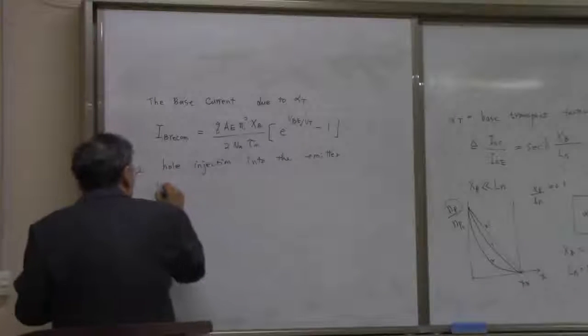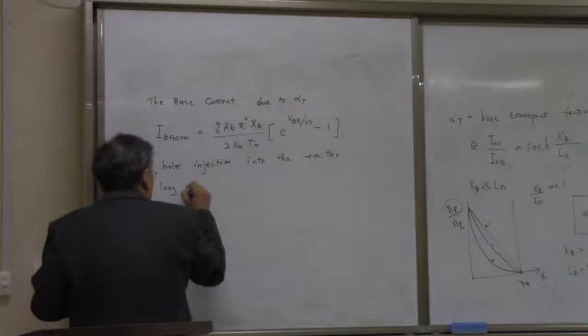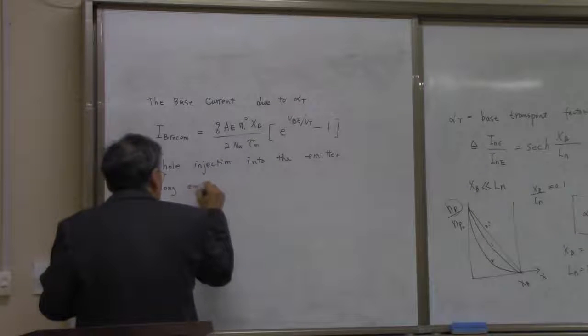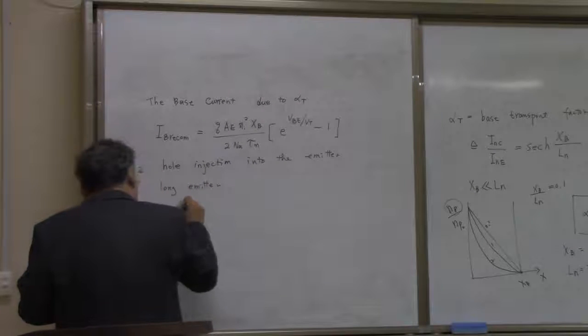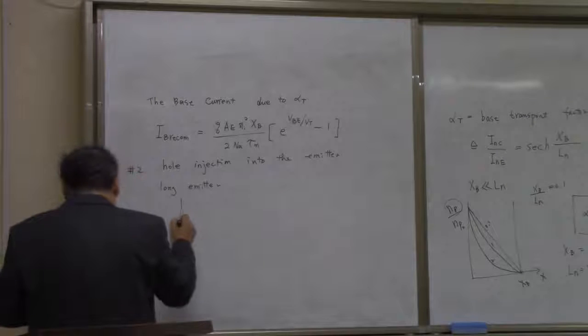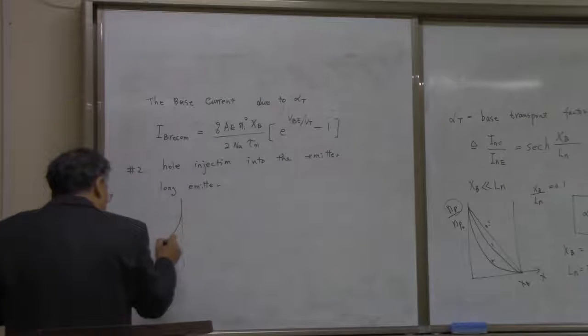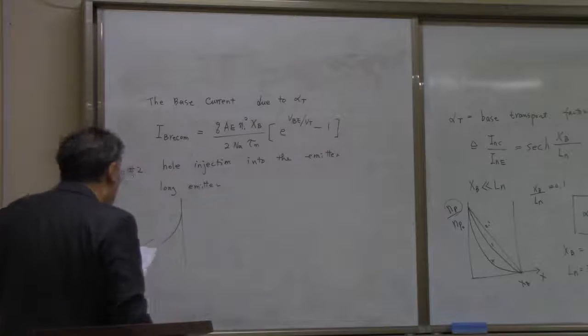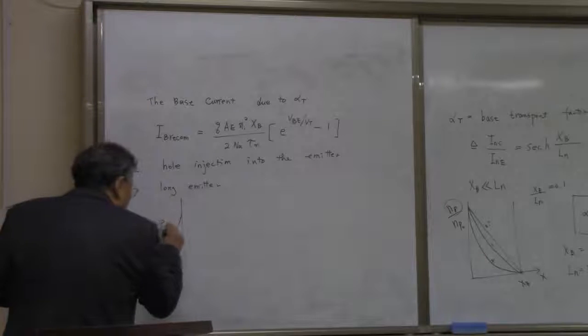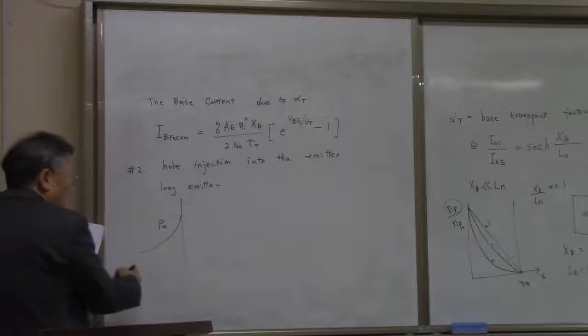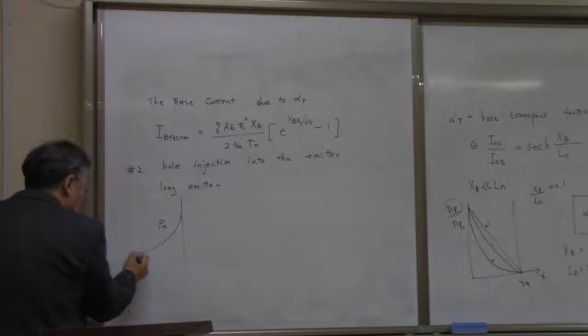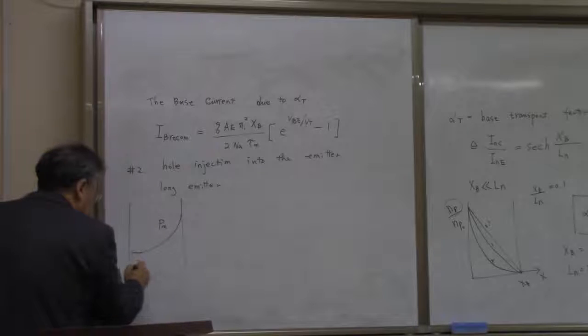If we have a long emitter, then on the emitter side we have a decay of injected holes. It's going to decay something like this, to the end here. This is the emitter.